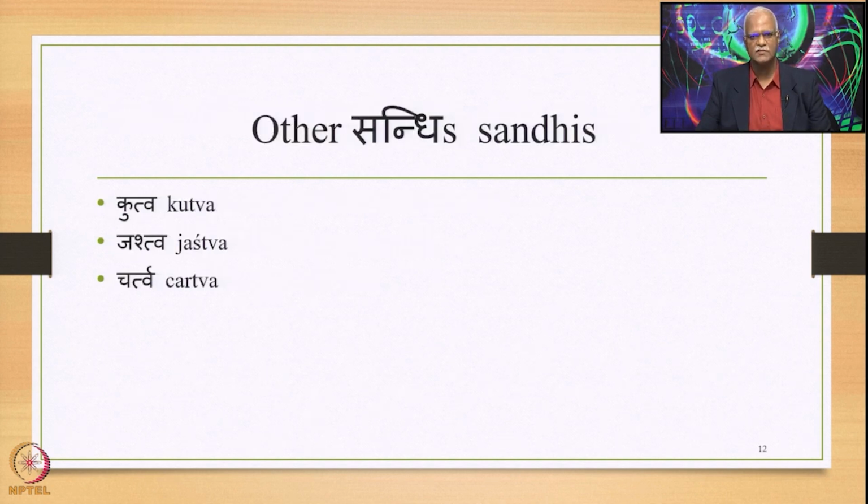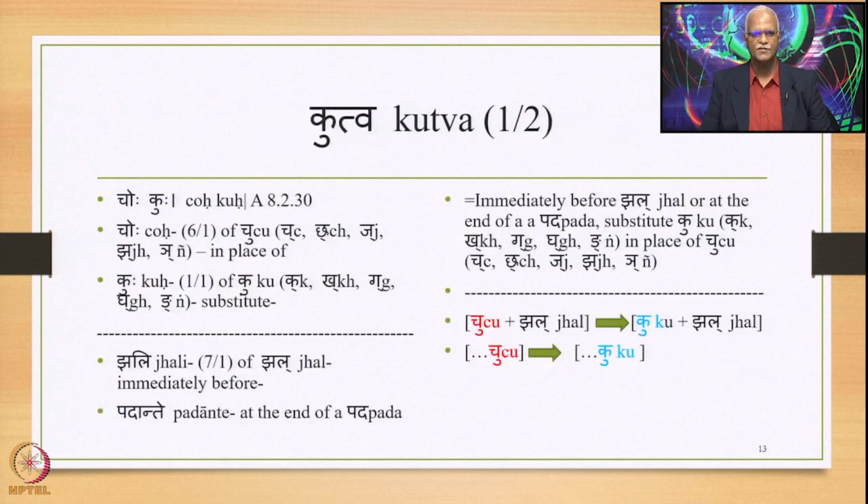There are some other sandhis that are worth mention, namely Kutva Sandhi, Jashtva Sandhi and Chartva Sandhi as well. Let us study them in brief in this particular lecture. First, let us study the Kutva Sandhi.